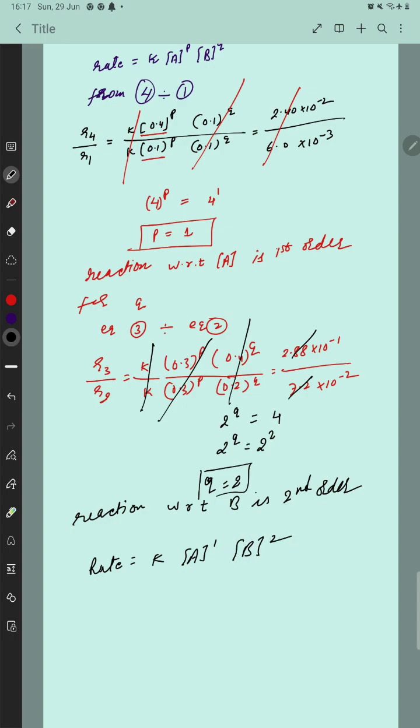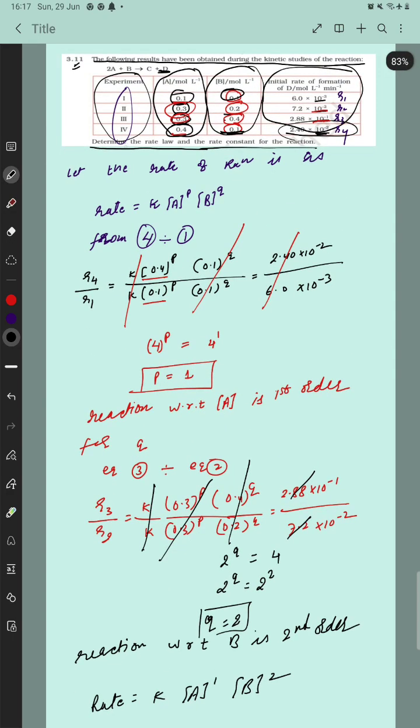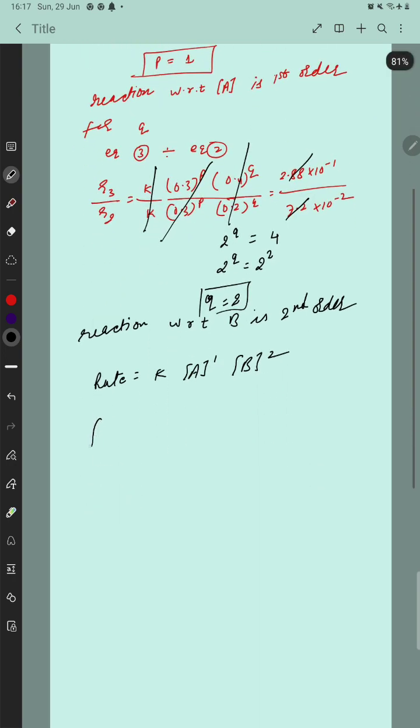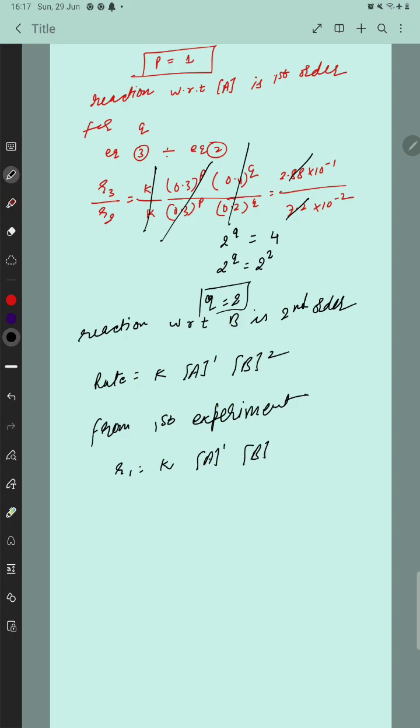This is the first part of the question we have solved, because here we had to determine the rate law and the rate constant of the reaction. The rate constant is very simple. From the first experiment, R1 is equal to K, A power 1, B power 2.